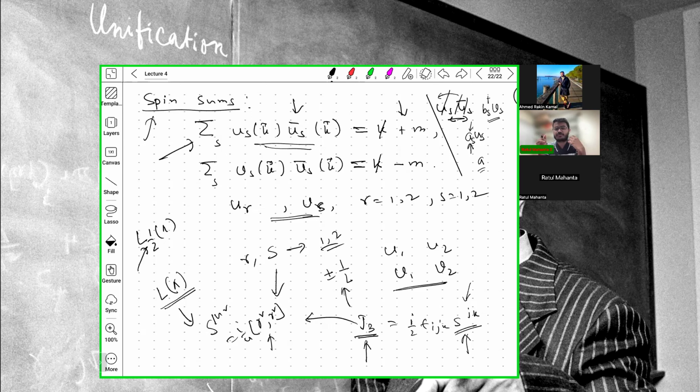Probably that's the route Dirac took, which is why they are called Dirac matrices. So that's the physical motivation. You need to take the square root to obtain the Dirac equation.